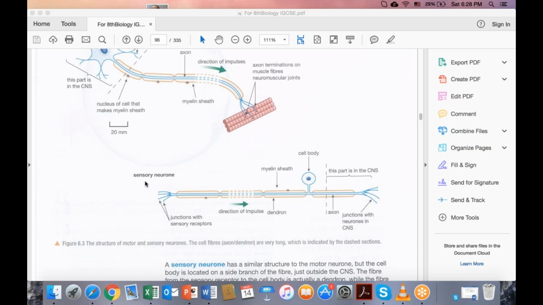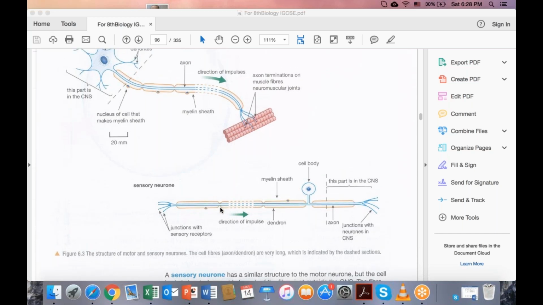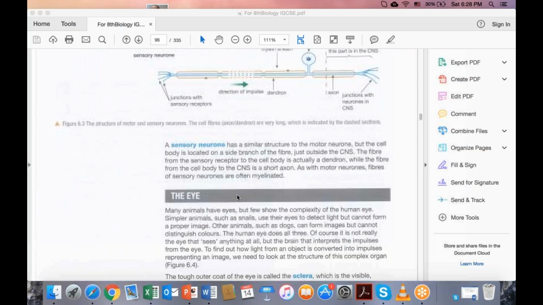And in our sensory neurons we get nerve impulse from our receptors, from our organs, and then we send this message by our axon, the sensory neuron axon, to the central nervous system. So their structures are different, you can see this.